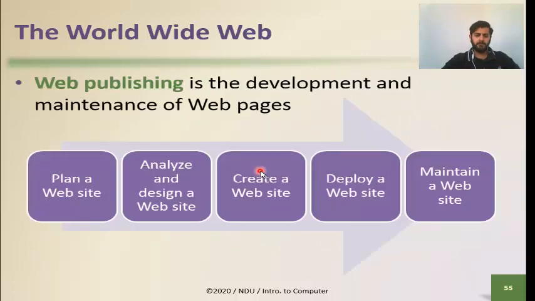Now we have to go towards the publishing of a website. We have 5 phases in publishing a website. The first phase is to plan a website. First of all, you have to target your audience. What type of audience are you planning to build a website for? That is a very important thing.